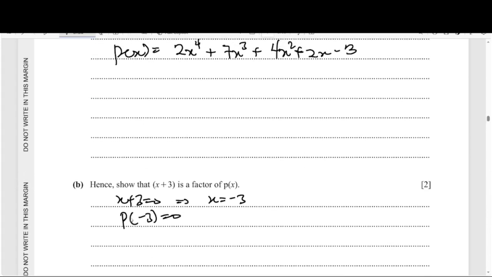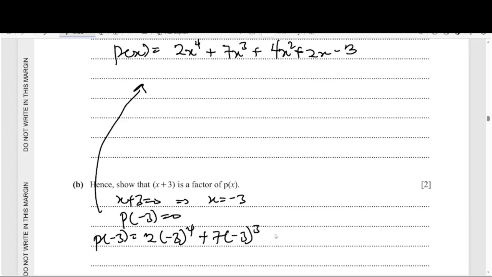So we just need to substitute x equal to negative 3 into the p of x that we had over here. So p of negative 3 is equal to 2 times negative 3 exponent 4, which is 81, plus 7 times negative 27, or negative 3 cubed, plus 4 times negative 3 squared, which is 9, plus 2 times negative 3 and minus 3.